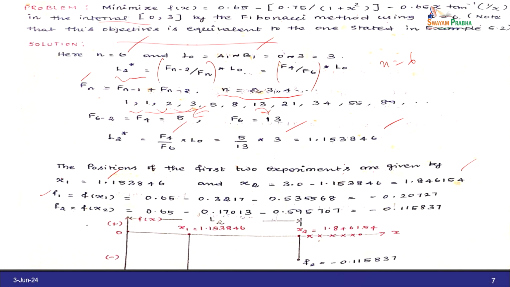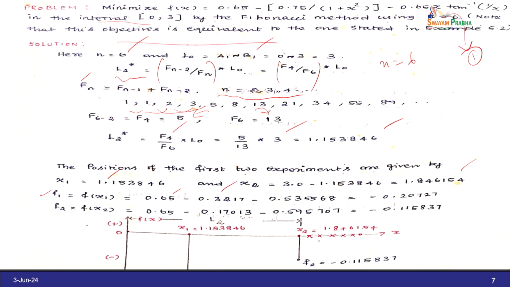Now, f1 equal to f of x1. Substitute x1 in the given equation: f of x1 equals 0.65 minus 0.75 by (1 plus 1.153846) whole square, minus 0.65 into 1.153 into tan inverse of 1 by 1.153.